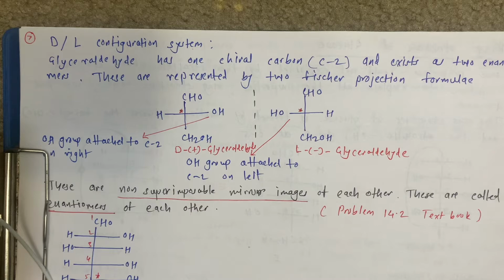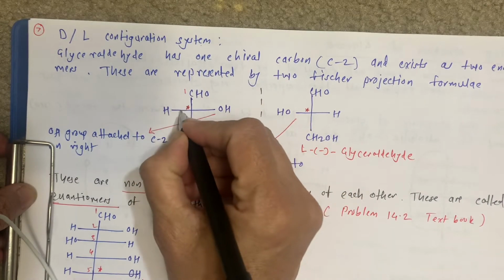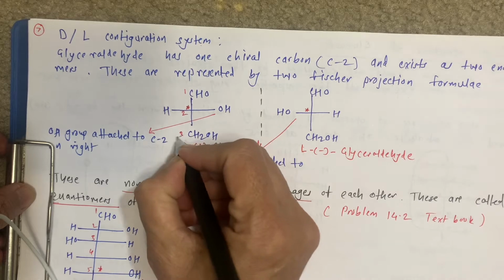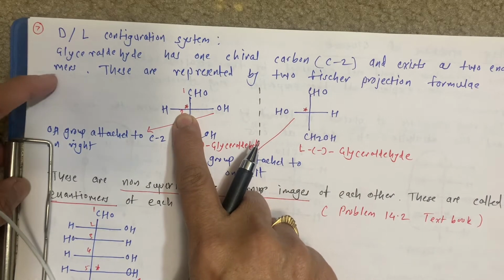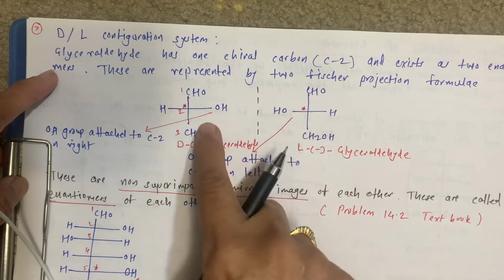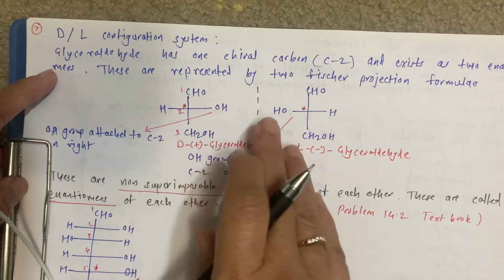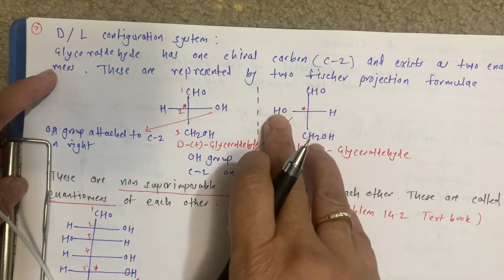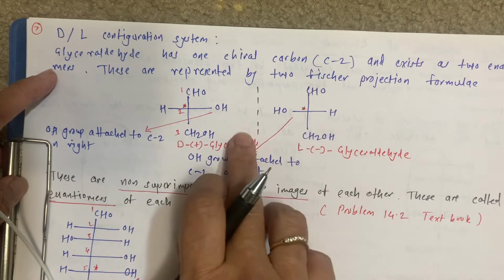This is the first carbon, this is the second carbon and this is the third carbon. The second carbon is the chiral carbon. Two enantiomers are going to form because of the change in the configuration of the OH group.